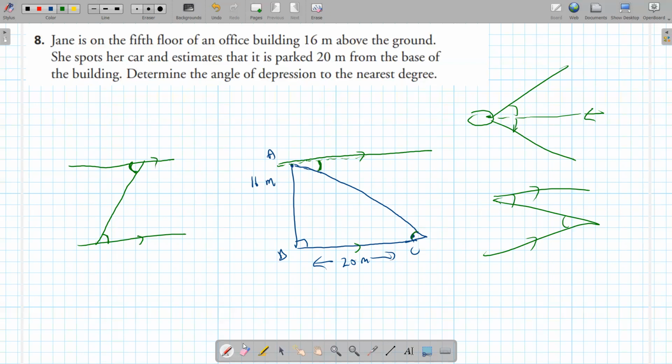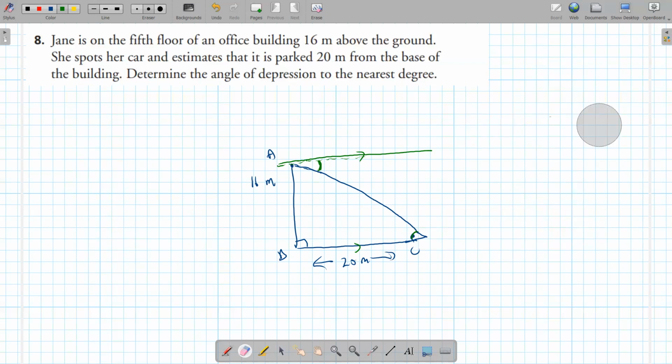Again, we're trying to find angle C, okay? I'm trying to find this one. Which one do you use? Again, look at what you're given, right? So relative to angle C, which two things do you have?